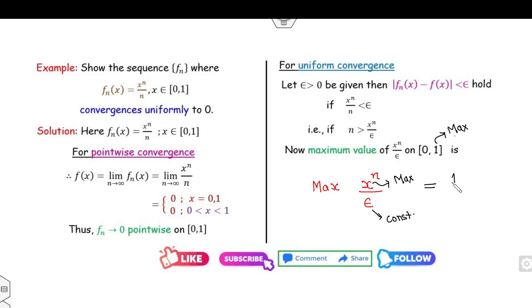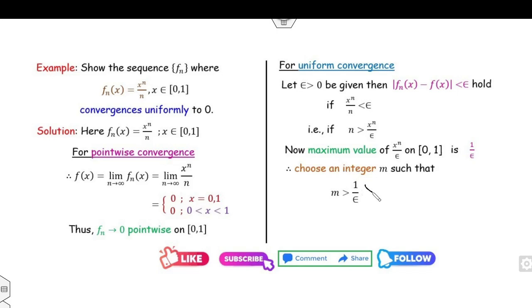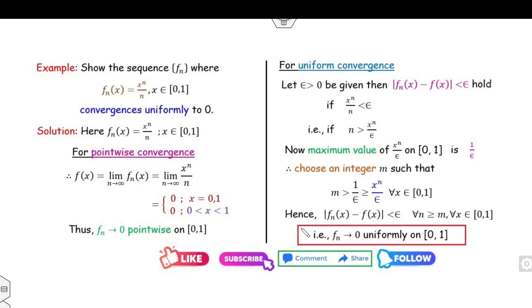So the maximum value is 1 raised to power n over epsilon, that means 1 over epsilon. Therefore, we can choose the value of m such that m is greater than x raised to power n over epsilon. So the sequence is uniformly convergent and it converges to the same limit 0.